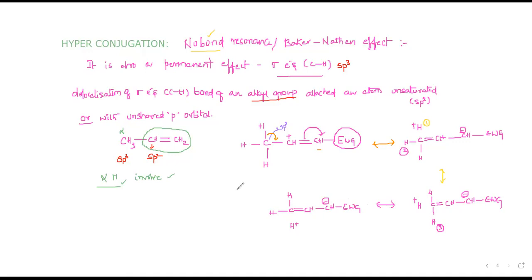As there are three alpha hydrogens, 1, 2 and 3, we get how many structures? Sorry, hyperconjugation structures. 3 hyperconjugation structures. Those hyperconjugation structures make more stabilization.